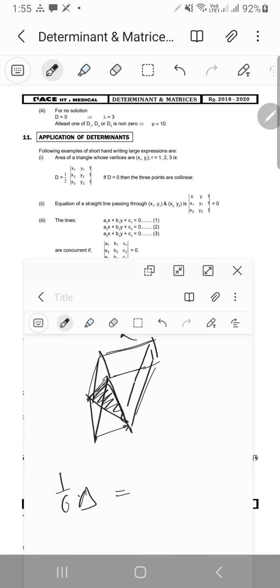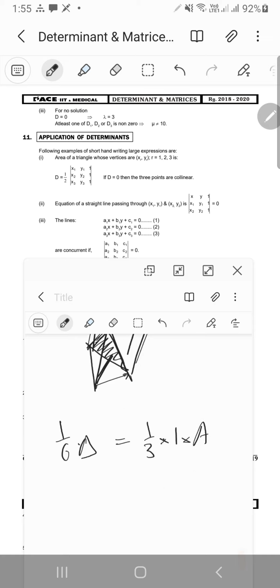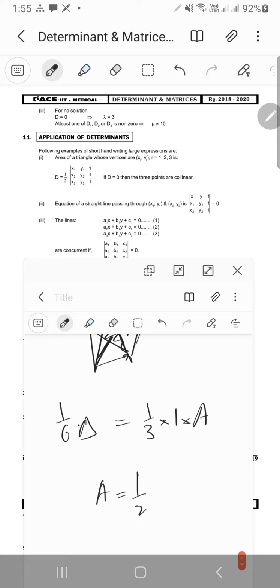Because it's something like a pyramid, it will be 1/3 the height, which is 1 over there because we set it to be 1, so 1/3 into 1 into the base area, which is what we want to find. So our area will just be 1/2 the determinant. Nice. So this was nice.